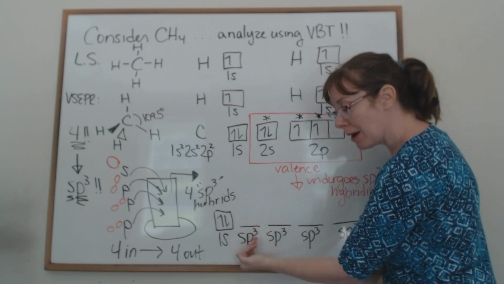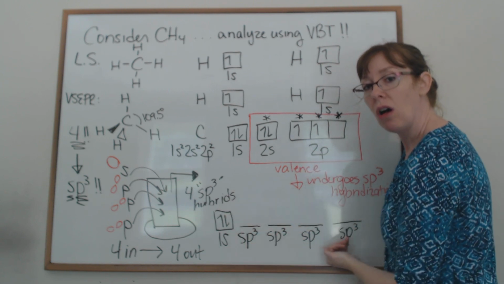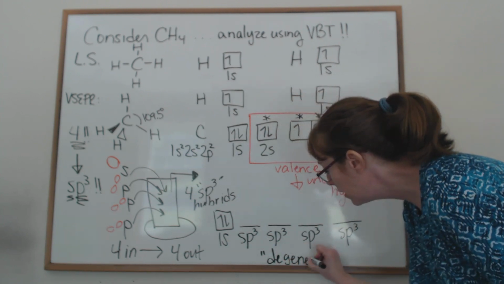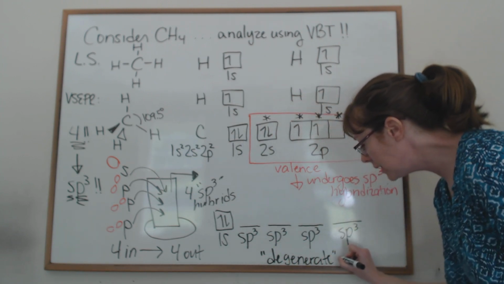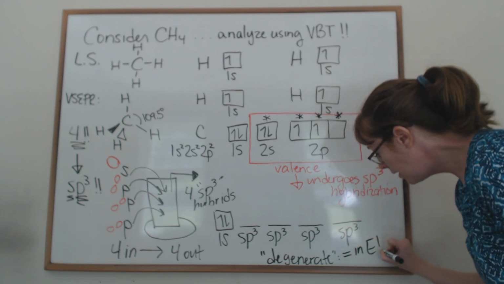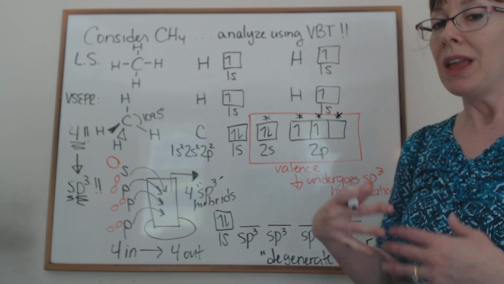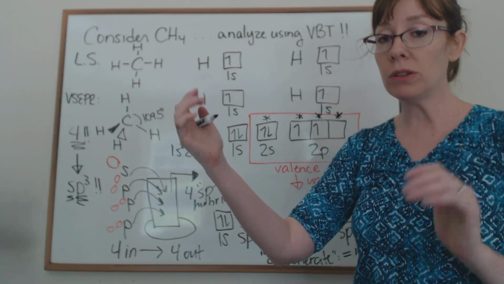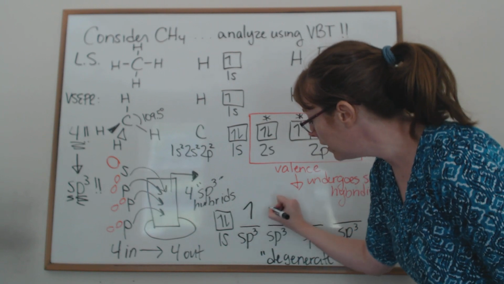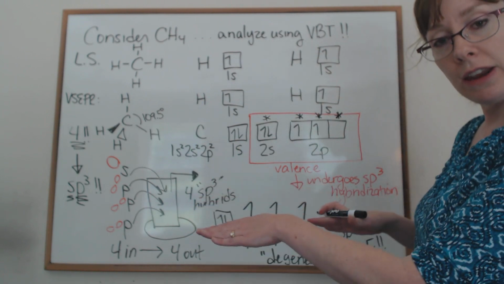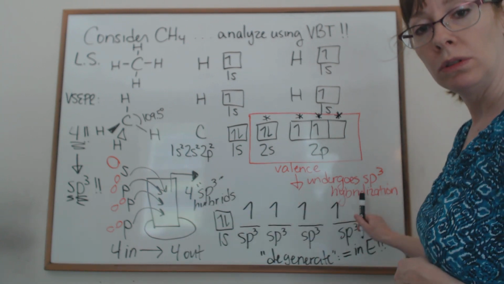But after hybridization occurs, these are all, the word is called degenerate. Put that in your notes. Degenerate just means equal in energy. And that might not seem like a big deal, but what that means is that it follows Hund's rule. Those 4 electrons will fill up one at a time. Because they're equal in energy, they will follow Hund's rule.